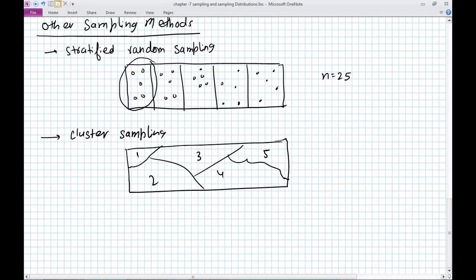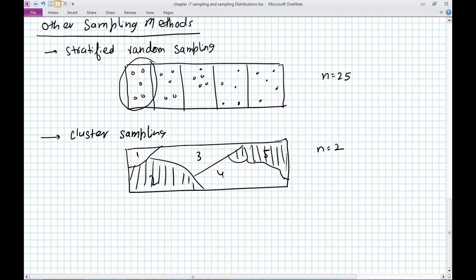And another difference is in stratified random sampling, after dividing it into different strata, we took a simple random sample from each group. Maybe in each group you have hundreds and thousands of people, but you selected only a few of them. But in cluster sampling, let's say we are interested in 2 clusters, and suppose our clusters through a random process are 2 and 5.